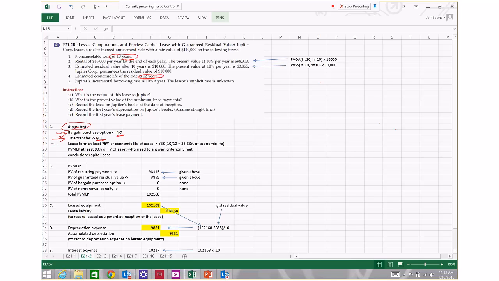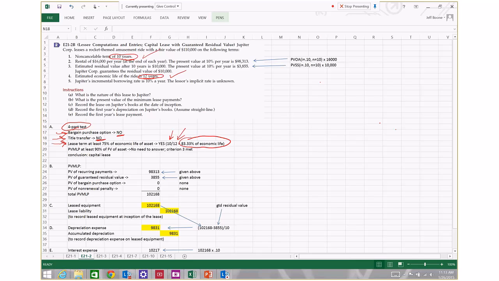The next question we ask is whether or not the lease term is at least 75% of the economic life of the asset. In this case, the lease term is 10 years, and the economic life of the asset is 12 years. So the lease term as a fraction of the economic life of the asset is 83.33%. So the lease spans 83.33% of the economic life of the asset.